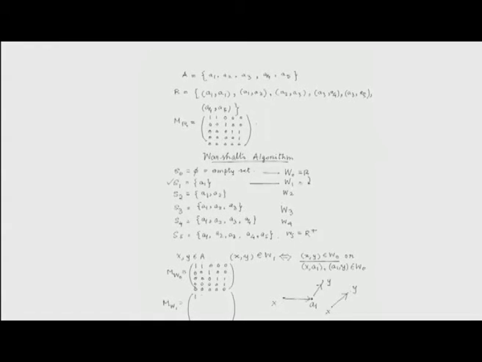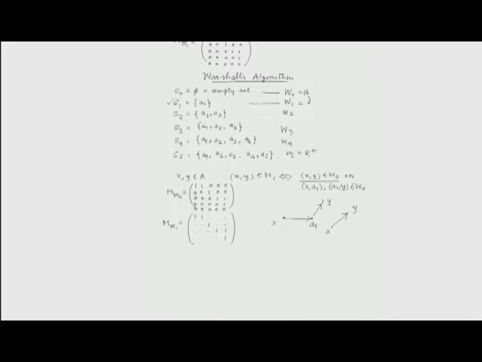So, I will put 1 in these places, and these are undecided points, but of course, these are 1s, and then here we will get 1 over here, and in the last one I will write like this.